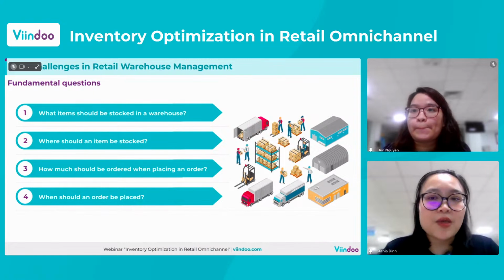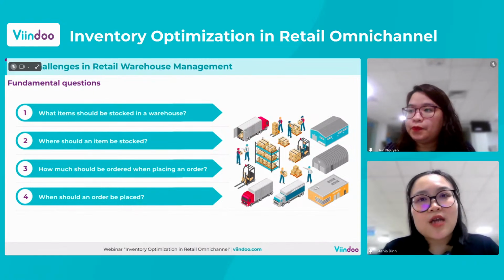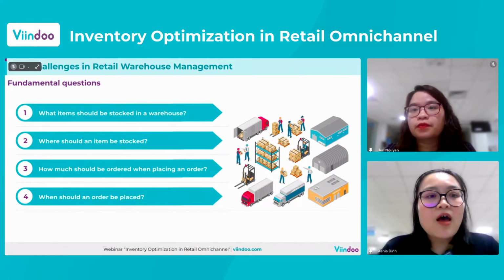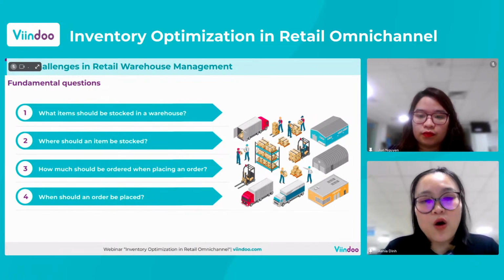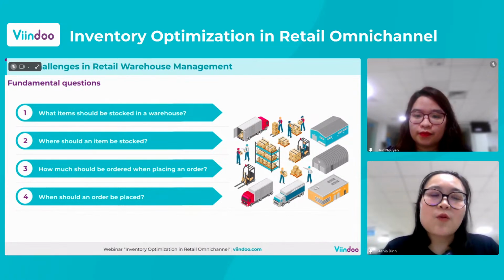Should it be on the second floor? Should it be stocked in the fridge, etc.? And the third question is how much should you order when you're placing an order of a new product, right? And the last question is when should an order be placed? Okay. So these are the four fundamental questions.